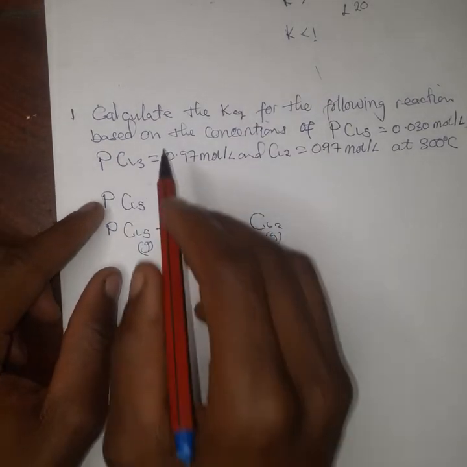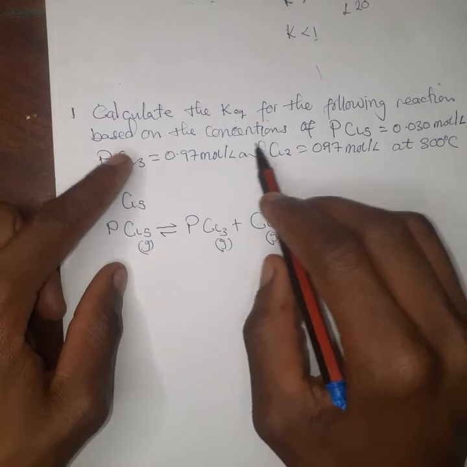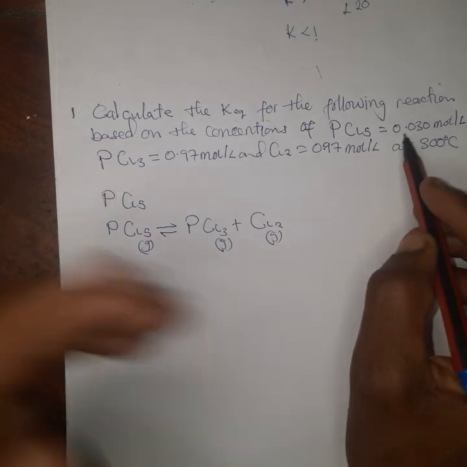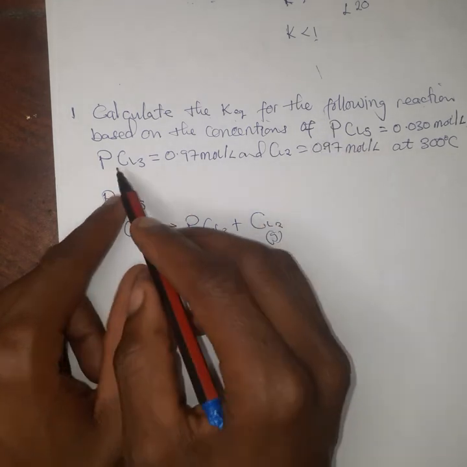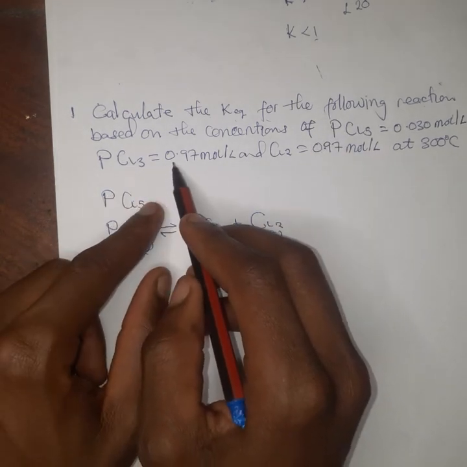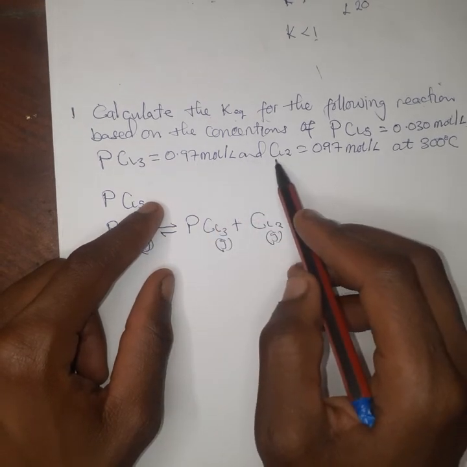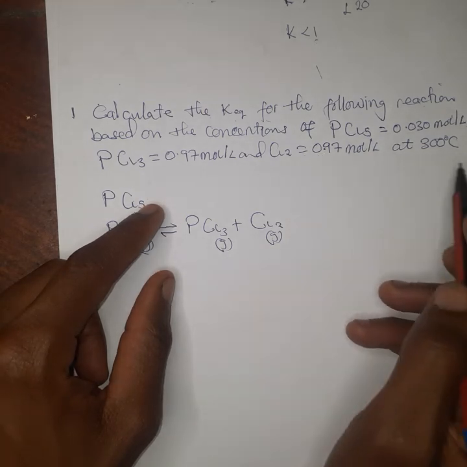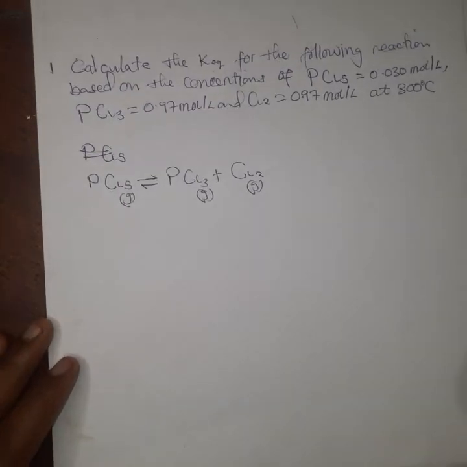Calculate the equilibrium constant for the following reaction based on the concentrations: PCl5 is equal to 0.030 mole per liter, PCl3 is equal to 0.97 mole per liter, and Cl2 is equal to 0.97 mole per liter at 300 degrees Celsius. Then we have been given an equation here.